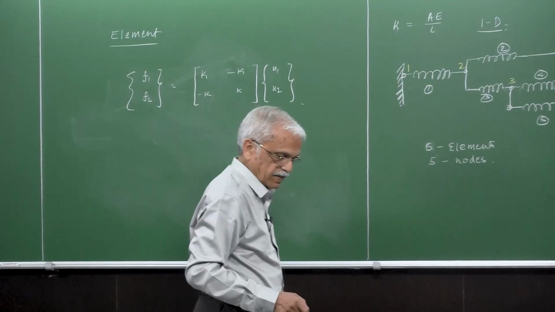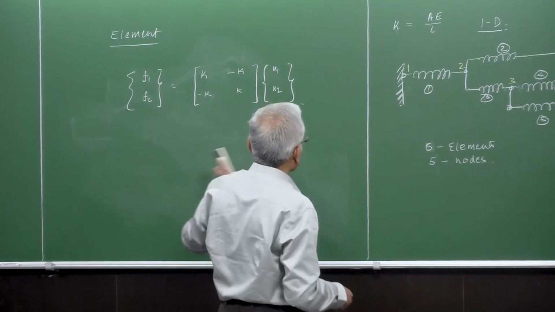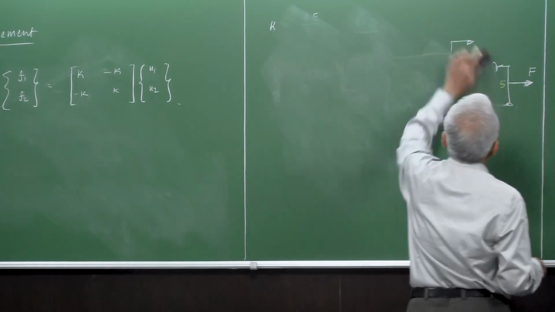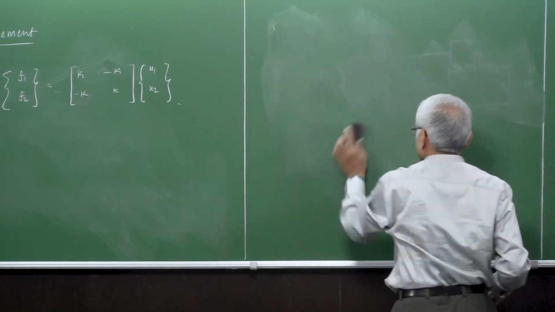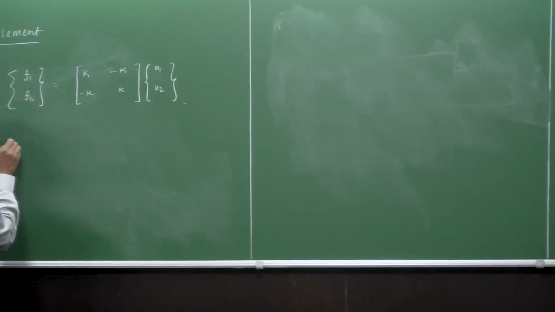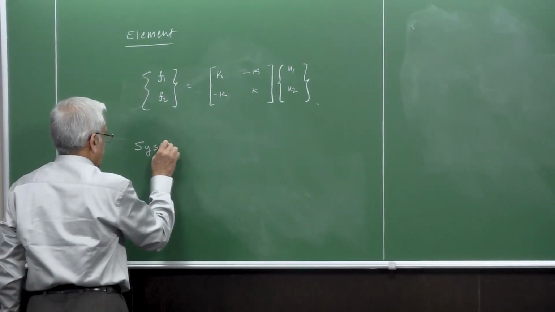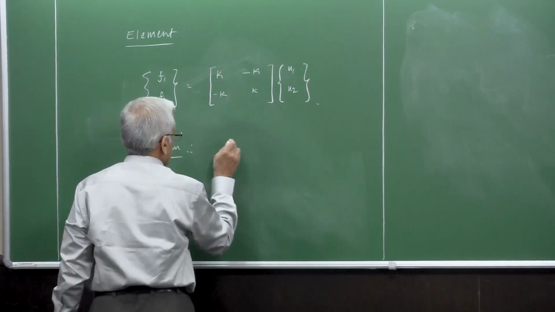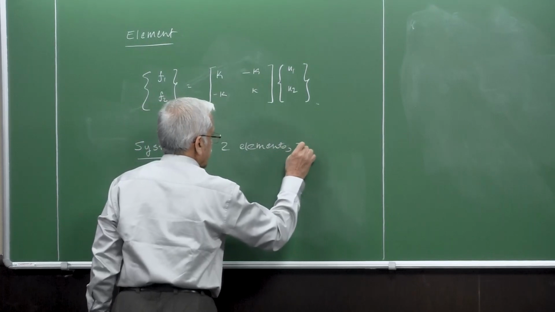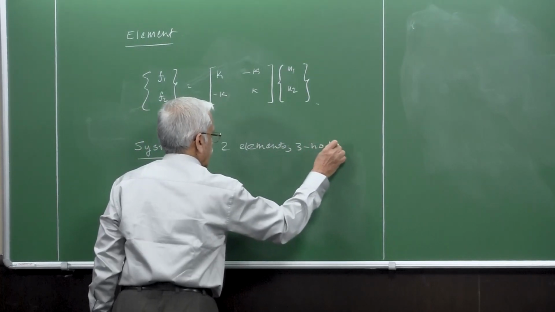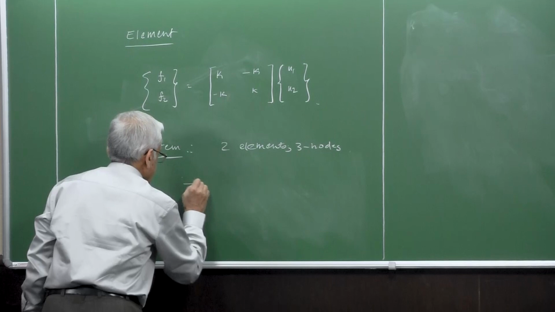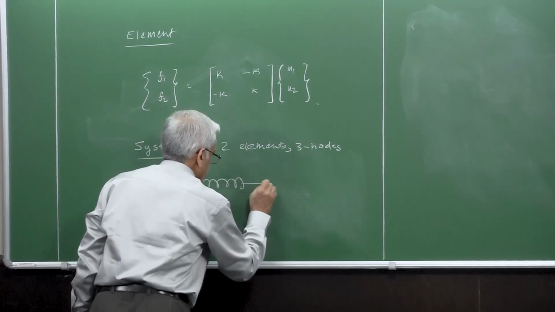Now the next step is going from the element to the system equation. Instead of these 5 elements, just for the sake of assembly, let us consider the system to be only 2 elements and 3 nodes, something like this, just in series.